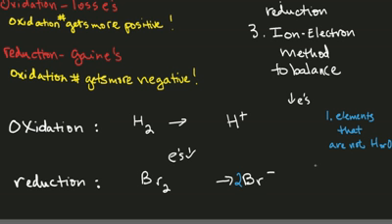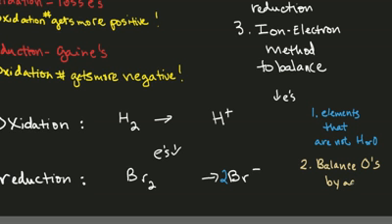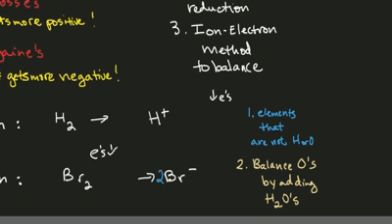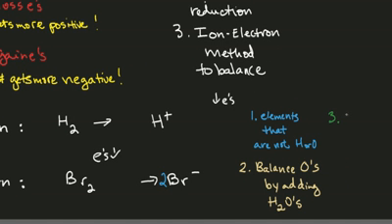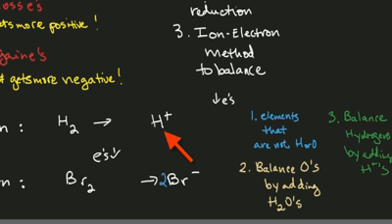And we do that by adding water. But you'll notice that there are no oxygens here. So the next thing is the hydrogens. So we balance the hydrogens by adding H pluses. So here we have 2 hydrogens, here we have 1 hydrogen, so we need to add another hydrogen.